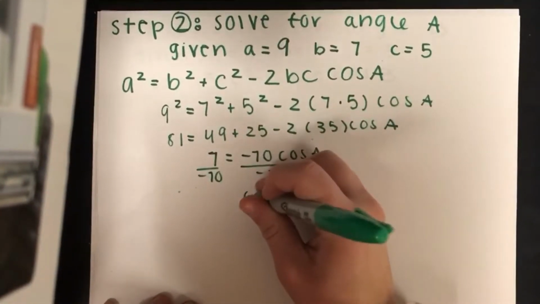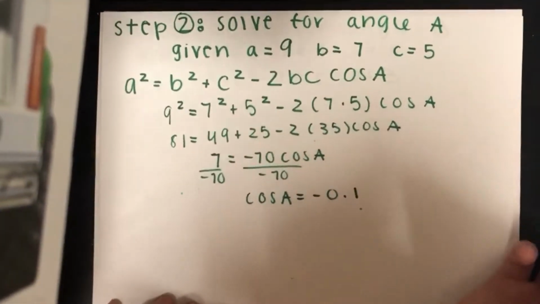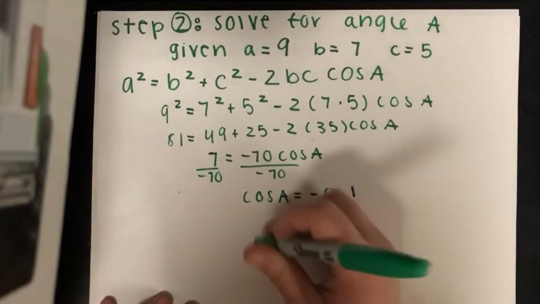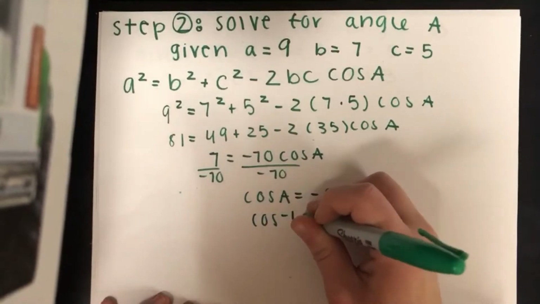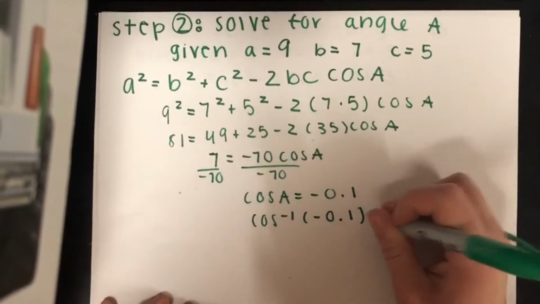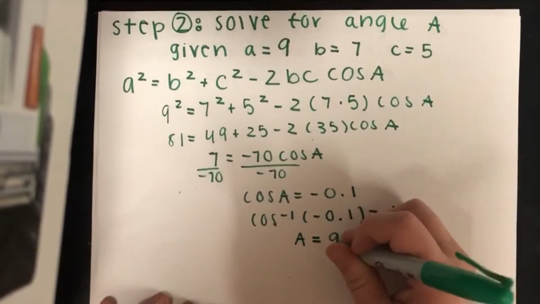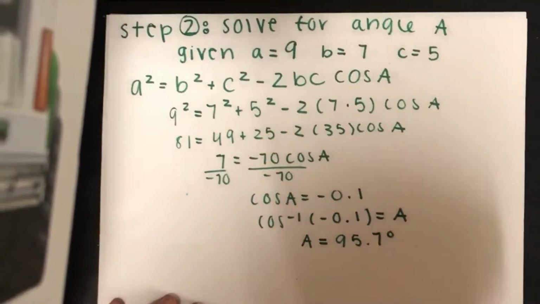And then you're going to come up with cosine of A equals negative 0.1. So now you're going to do the inverse of cosine of negative 0.1 equals A. And then you're going to have that angle A equals 95.7 degrees.